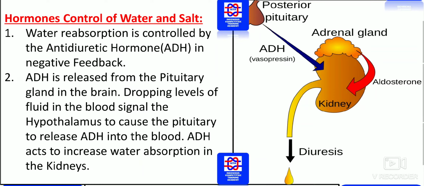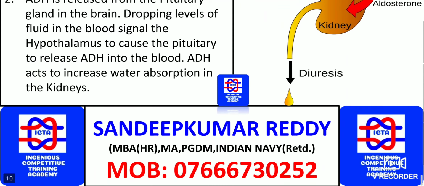Dropping levels of fluid in the blood signal the hypothalamus to cause the pituitary to release ADH into the blood. ADH acts to increase water absorption in the kidneys, as you can see down below.